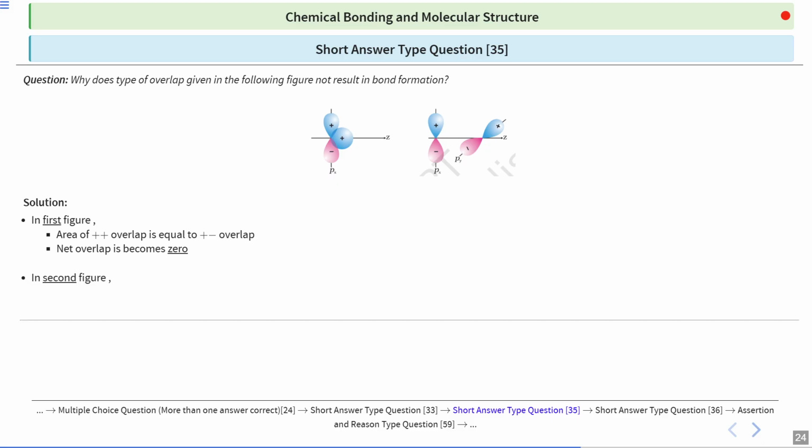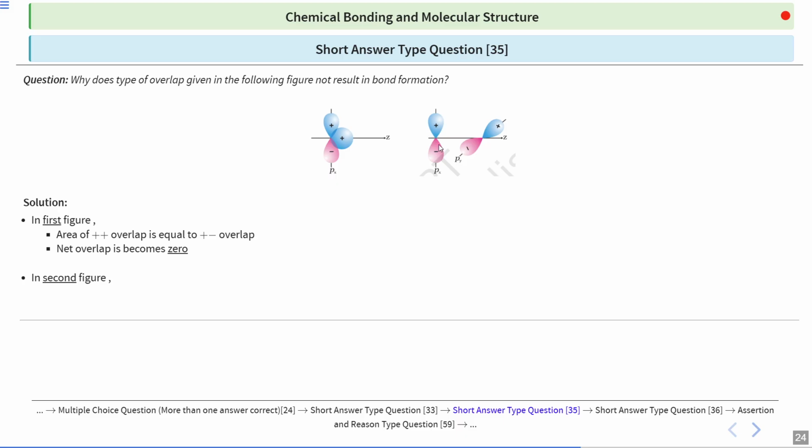What about the second figure? Remember this, you can't overlap a px with a py, a py with a pz, or a px with a pz. There will always be an overlap of the p orbitals if they have the same orientation. So px will overlap with px, py with py, and pz with pz. You can think of it, it's very simple.